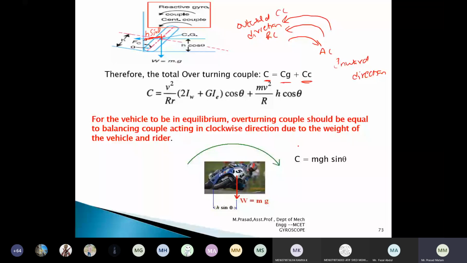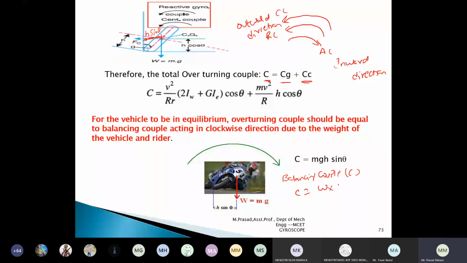Now what is the couple formula again? Force into distance. Here the force is due to the weight of the vehicle and rider. Now I am writing here balancing couple C, which is W, the force, multiplied by the perpendicular distance h sin theta.